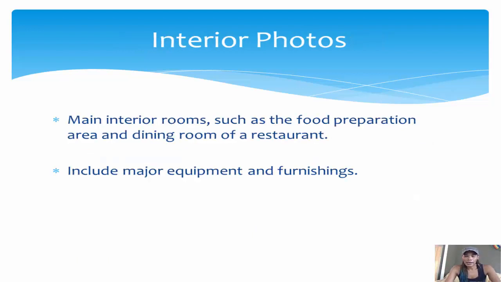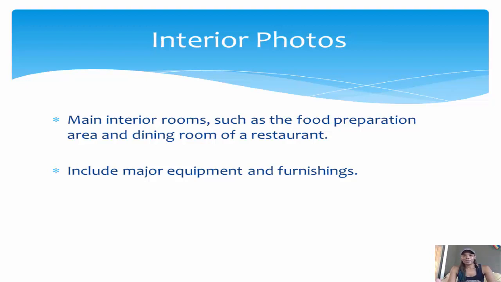All right, now we have really your interior photos. A lot of times when you go out, you have to take interior photos for these commercial inspections. So what you want to do when you go in and take photos for your interior is get your main interior rooms, like your lobby area or a waiting area or something like that.